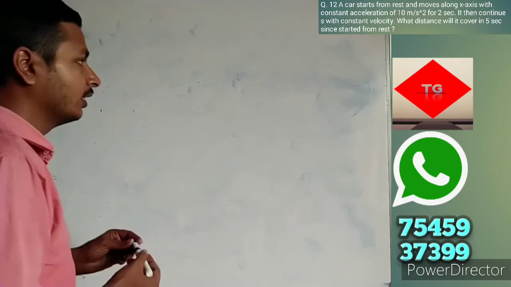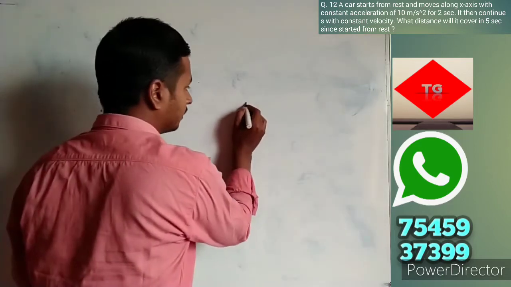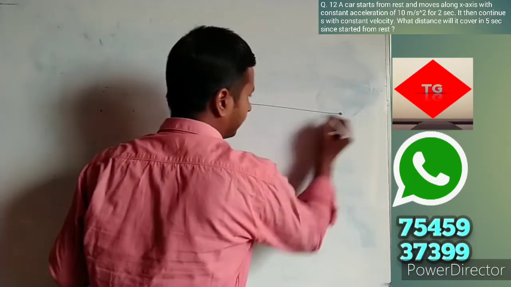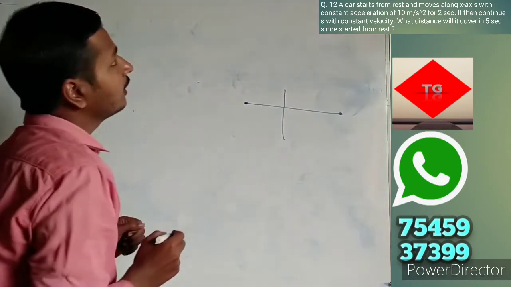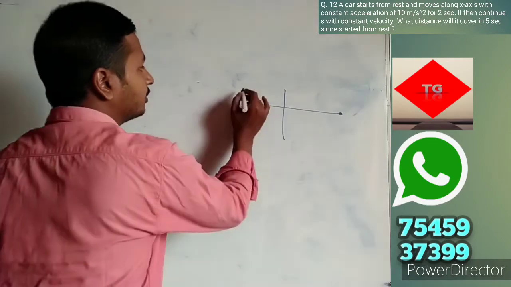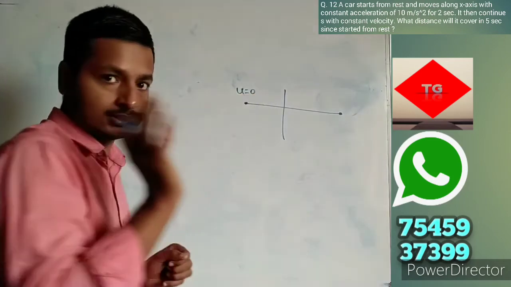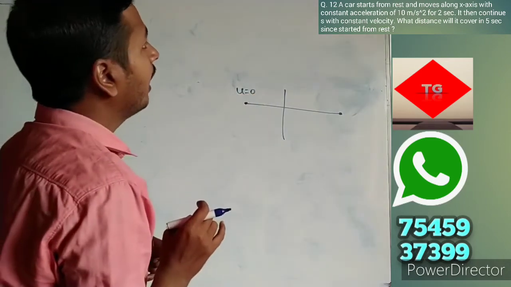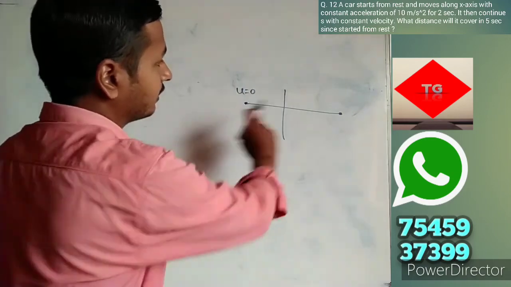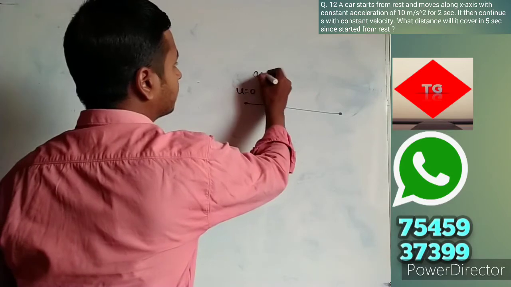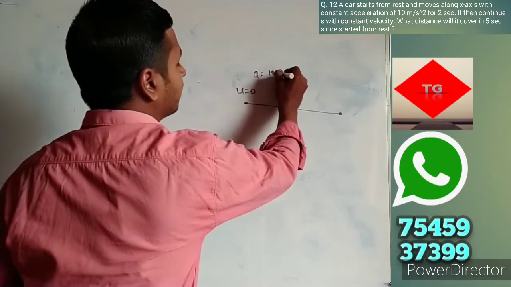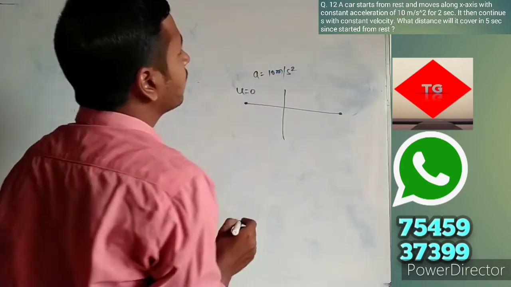First of all, if you see the given diagram, a car starts from rest. Rest means its initial velocity is 0, and it moves along the x-axis with constant acceleration of 10 meter per second square for 2 seconds.